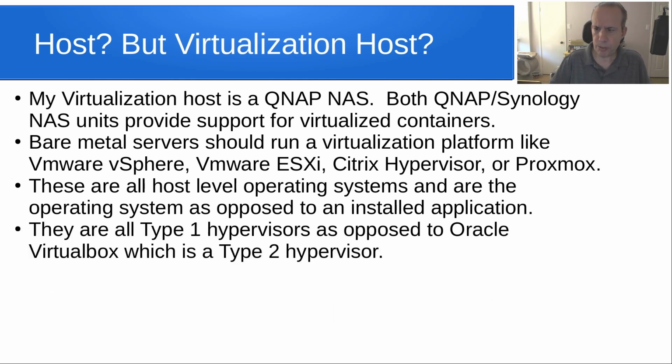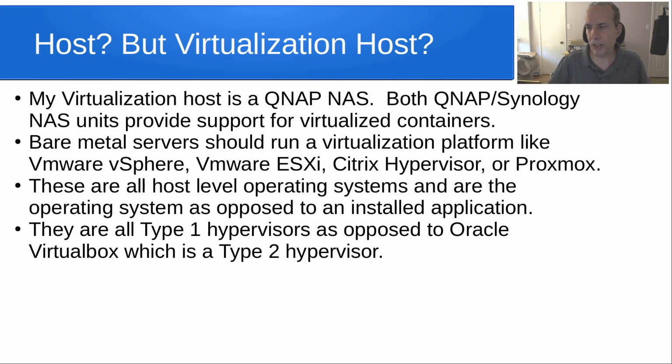So the advantage to that is that these are all type 1 hypervisors. Type 1 hypervisors are hypervisors where you don't have the virtualization running on top of a host that then runs an operating system. Instead, you have this software running that its pure reason for being in life is to run virtualized container instances.